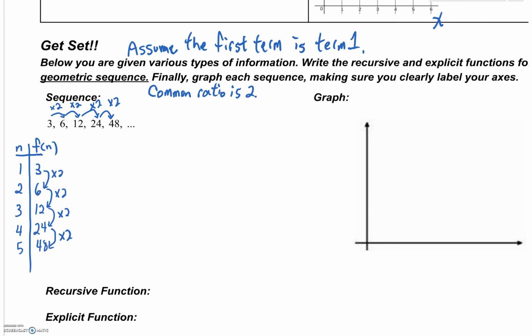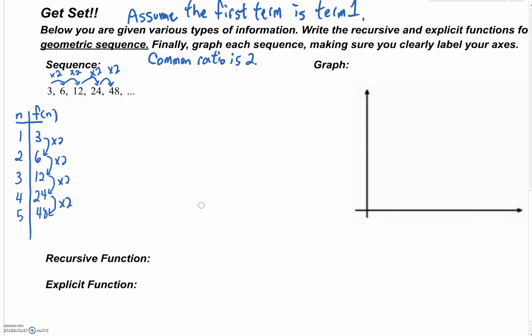And what we're seeing is, just like Mr. Rabin said in the previous video, if you had an n right here, and this was your f of n, which would be your output, to find it you'd have to take your previous term and multiply it by 2. So what would be your previous term?